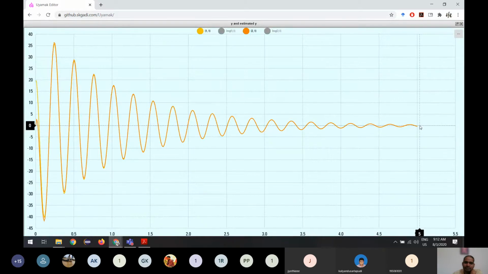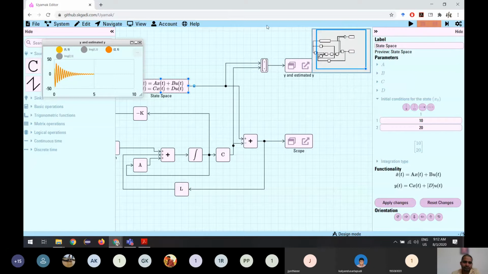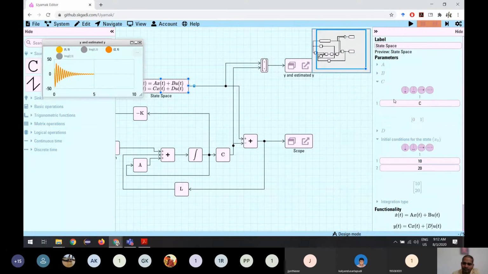That's a regulatory system. The states should go to 0, right? So the output is some linear operation of states, so it should go to 0. So whatever C value I give here, it should always go to 0. So I'm giving 0, 0.